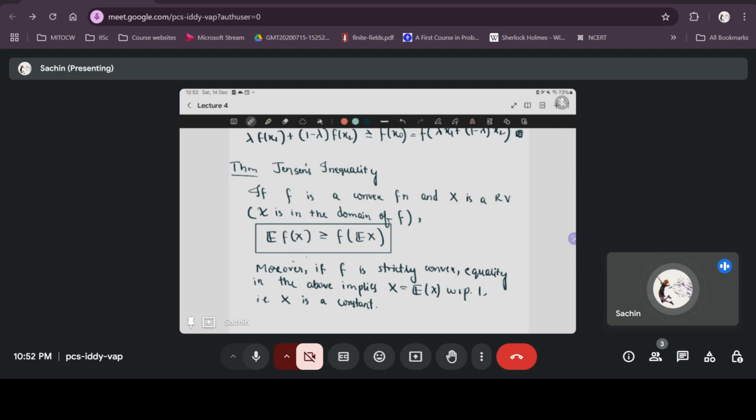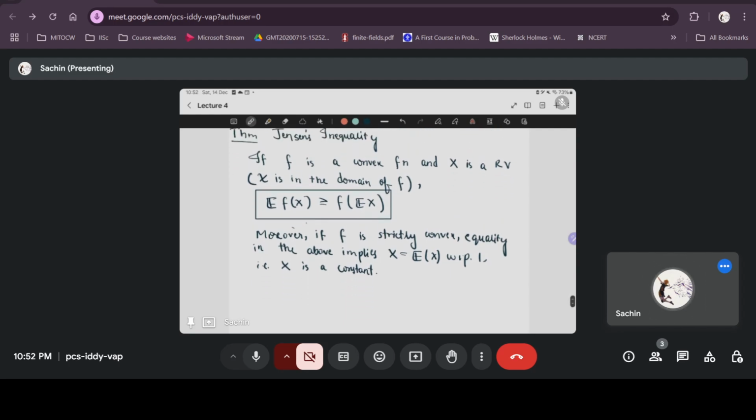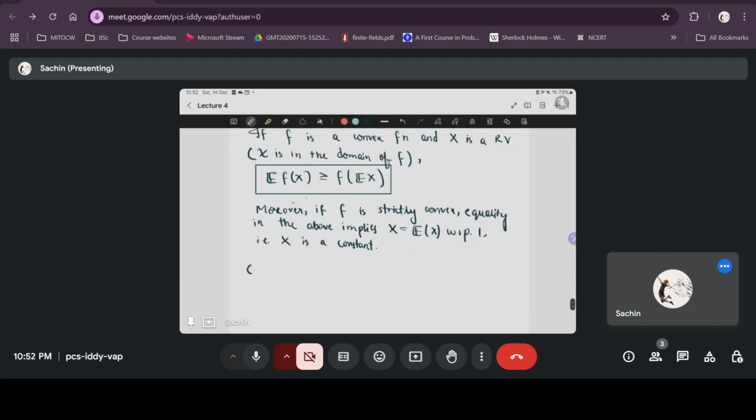And then once you prove it for only 2 points, then you can use induction and prove it for more points. So you can check any textbook for the proof.